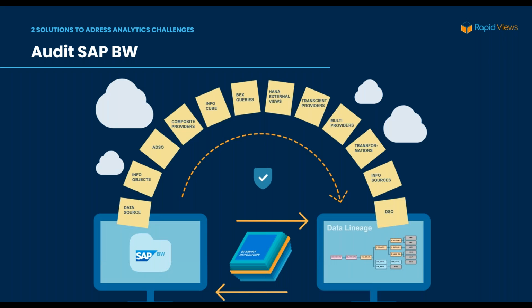Last point about the transformations in BW: you can have complexity in the ABAP routines. We can also extract this data and display it in the platform to have the good mapping between the different objects.